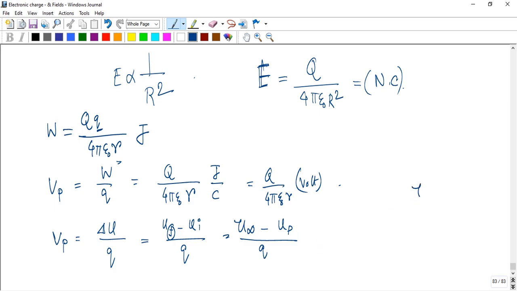We know that the potential energy at infinity is 0 joule. That is the reference configuration, which we discussed in the previous class, as in the gravitational potential energy calculation.